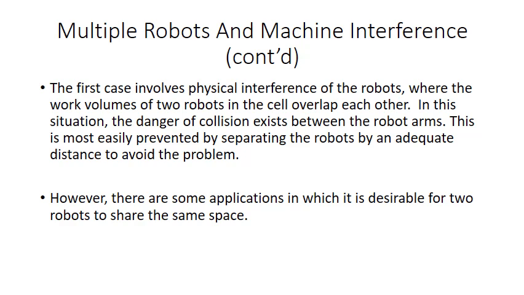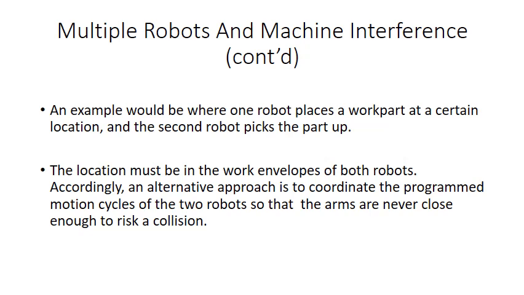However, there are some applications in which it is desirable for two robots to share the same space. An example would be where one robot places a work part at a certain location and the second robot picks the part up.